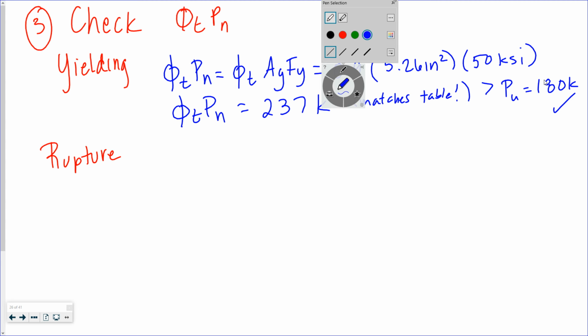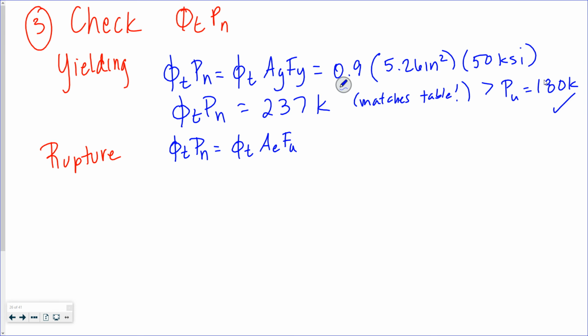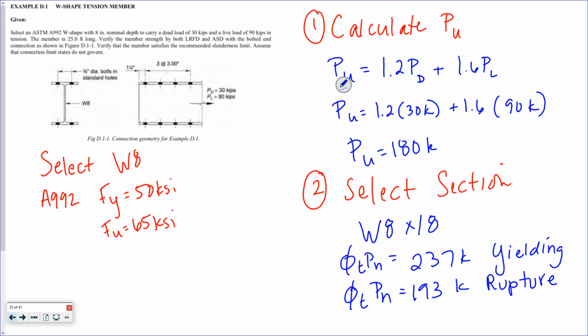So just to remind ourselves, for rupture, Ae Fu. So let's go and look at my cross section.